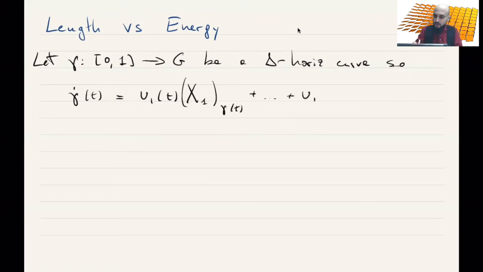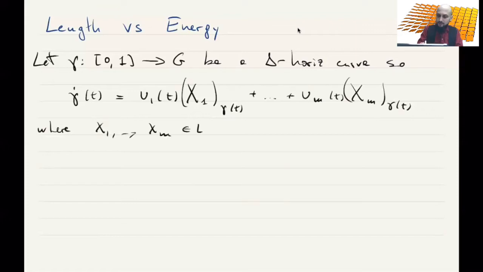So u1 X1 plus ... plus um Xm at gamma(t), where X1 to Xm are left invariant vector fields on G, giving a frame for delta.